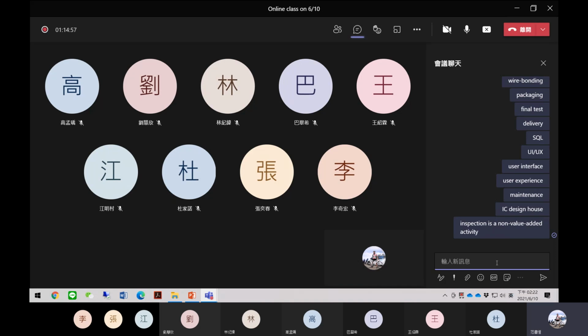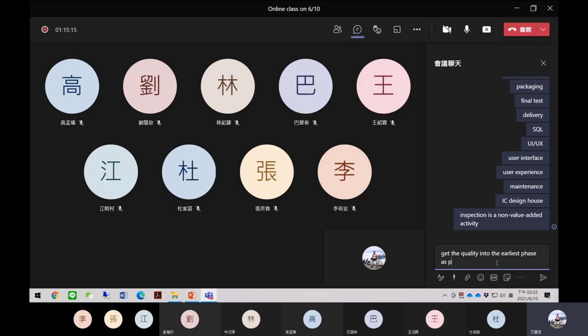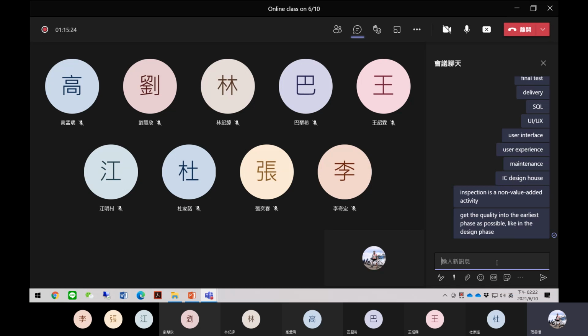That is to say, we try to get quality into the earliest phase possible, like the design phase.